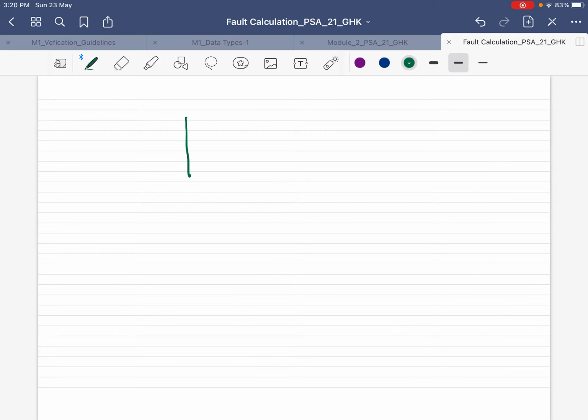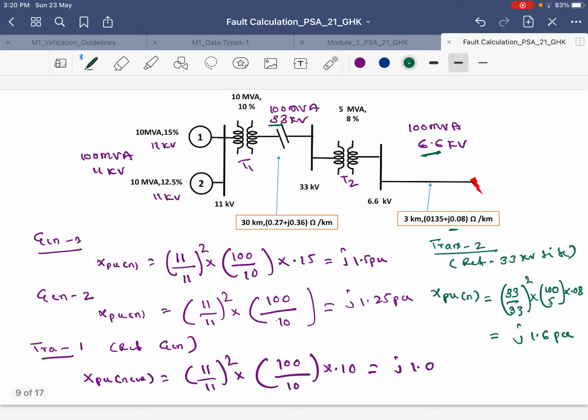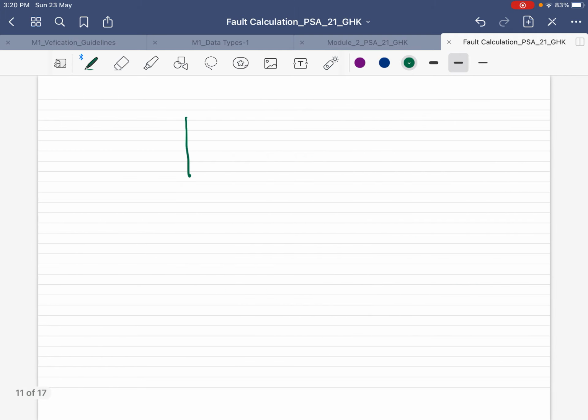Here the two generators are connected. For this particular 11 kV bus, we have the two generators. The two generators can be represented by a source of voltage connected to ground. Here also there is a second generator, also connected to ground.